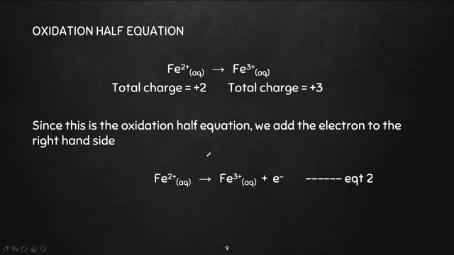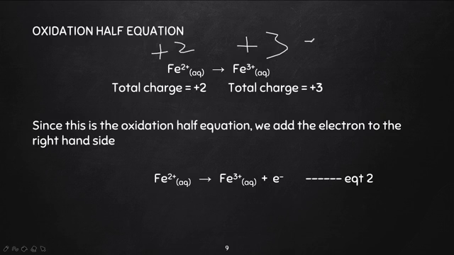For the oxidation half equation, we do the same thing: Fe2+ to Fe3+. The resultant charge on the left is +2 because there's only the iron 2 ion, while the resultant charge on the right hand side is +3. By the rule, we add electrons to the right hand side; otherwise, what must you take away from +3 to get +2?